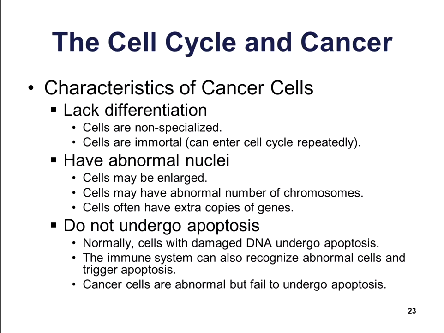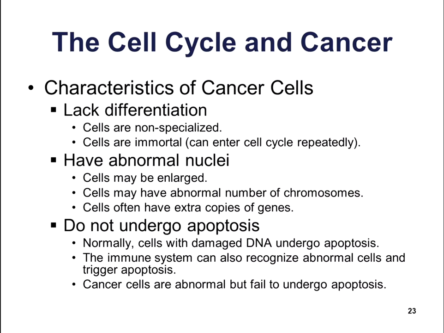They have abnormal nuclei. They can become enlarged, and they can have an abnormal number of chromosomes. And they can have extra copies of genes because, again, they weren't duplicated correctly. Somehow that error wasn't caught in the cell cycle. And now they've got all these things going on in the cells that shouldn't be. They're literally out of control.